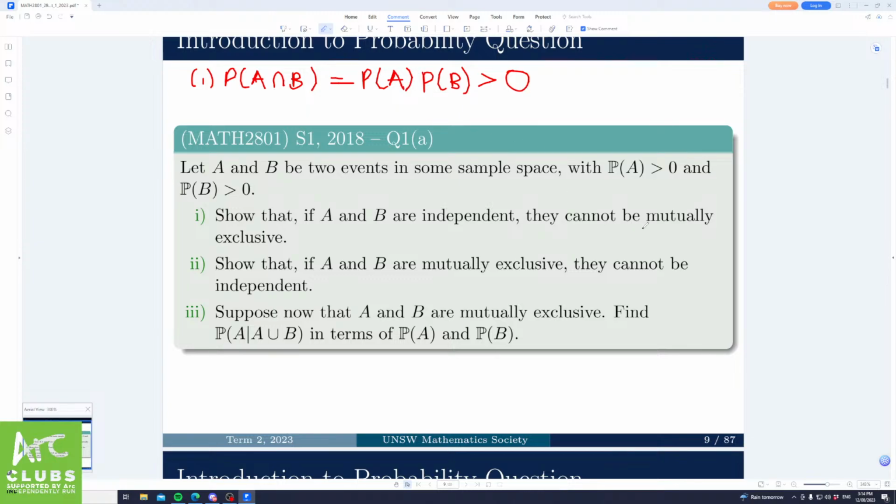Hence, we've just shown that the 2 events cannot be mutually exclusive, because the probability of the intersection is greater than 0, whereas for mutually exclusive sets, the probability of the intersection should be 0. So we know that A and B are not mutually exclusive sets.